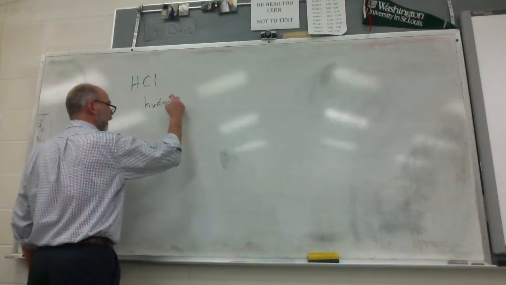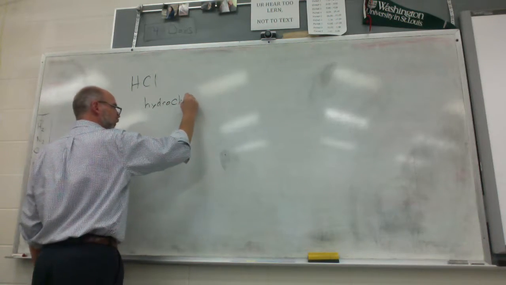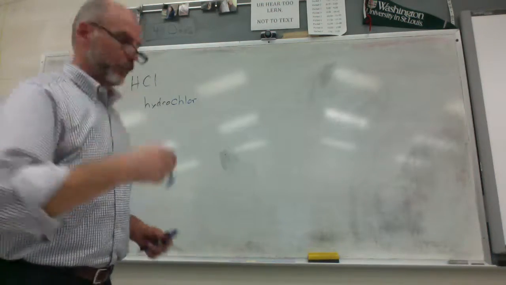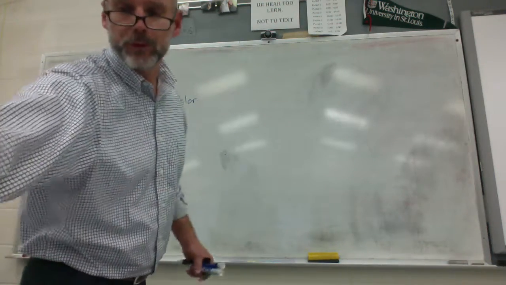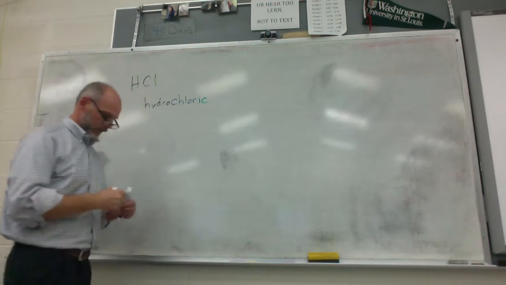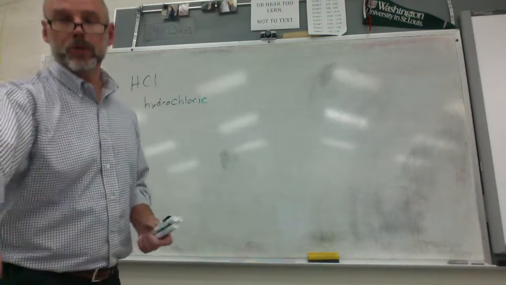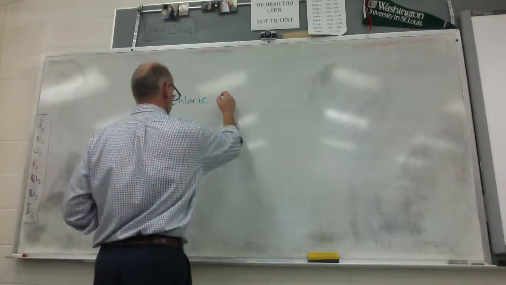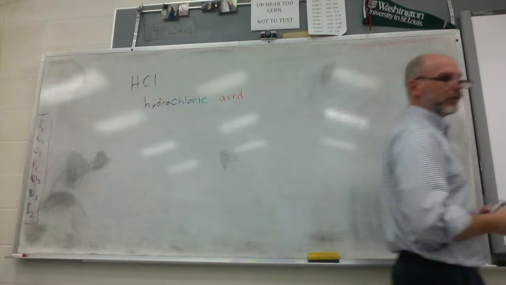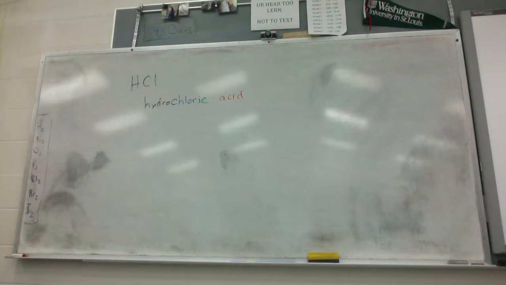The root of chlorine is chlor. Then we write the suffix ic. And lastly, we write the word acid. Hydrochloric acid.